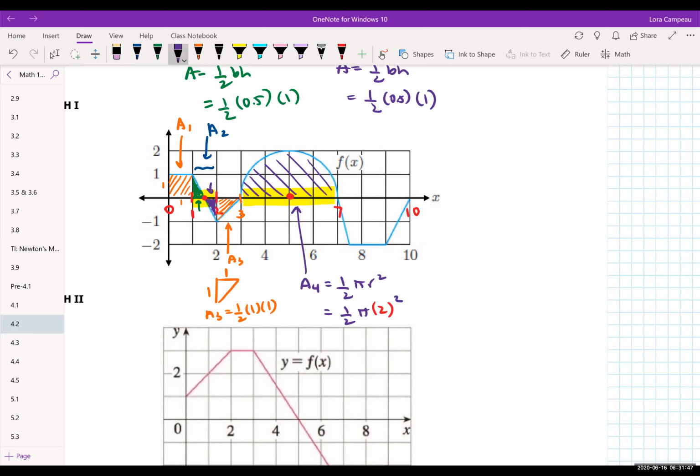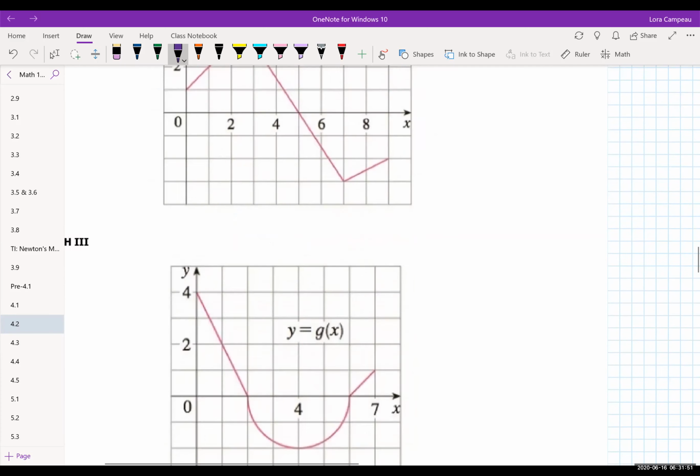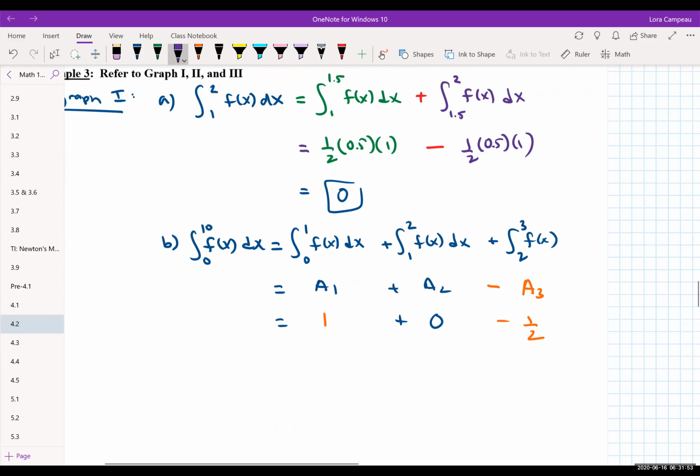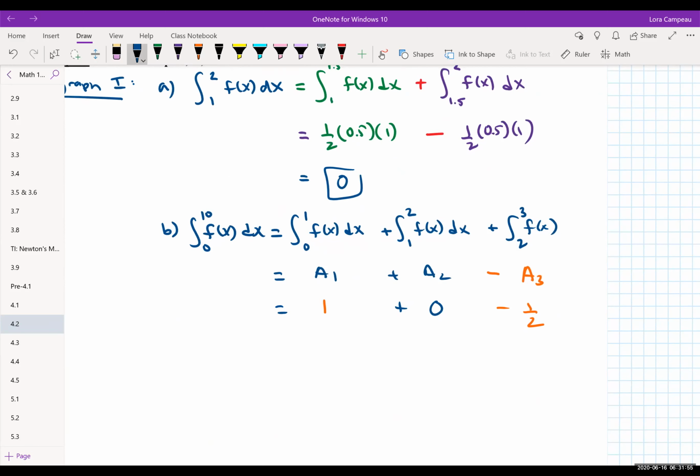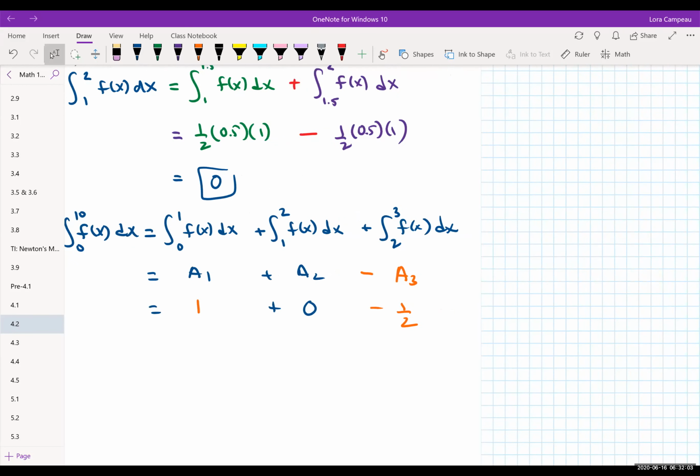So see how I'm breaking this up into shapes. So if I want to designate that, just so that we see, we switch back. Oh, shame on me. I forgot to put it with respect to x. Notation's important. Okay, so let's look at this. We're going from x equals 3 until 7 with respect to x. And we realize that it was completely above the x-axis, so we're adding on that area.